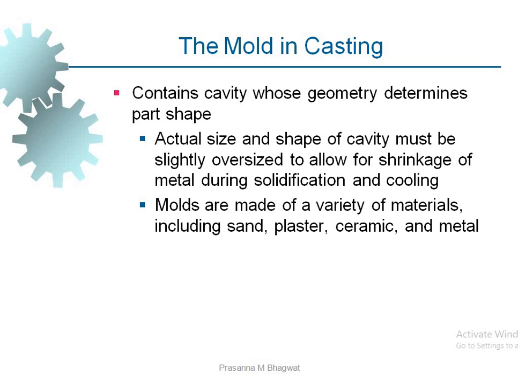If you make a shape exactly to the casting shape, the metal has the tendency to shrink or freeze, so you don't have the exact shape of the casting which you require to be produced. For this purpose, the cavity must be slightly oversized to compensate for the shrinkage effect. Molds are made up of a variety of materials which include sand, plaster molds, ceramic and metal molds also.